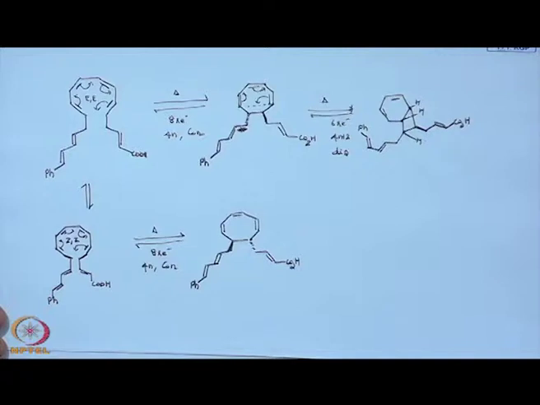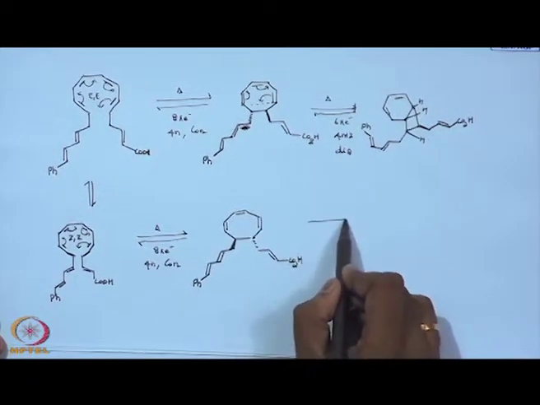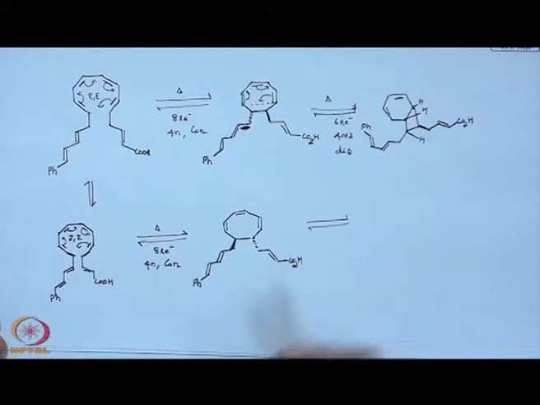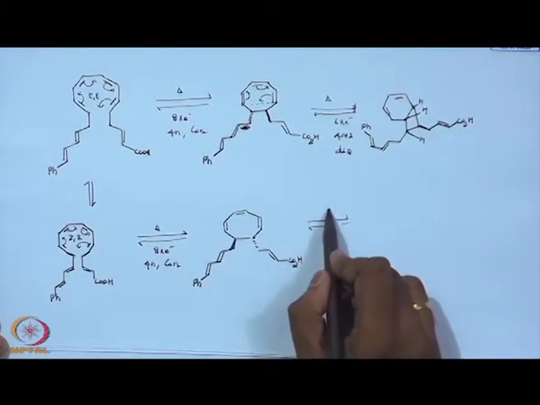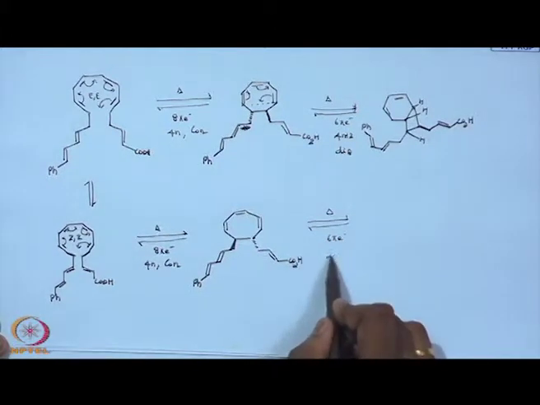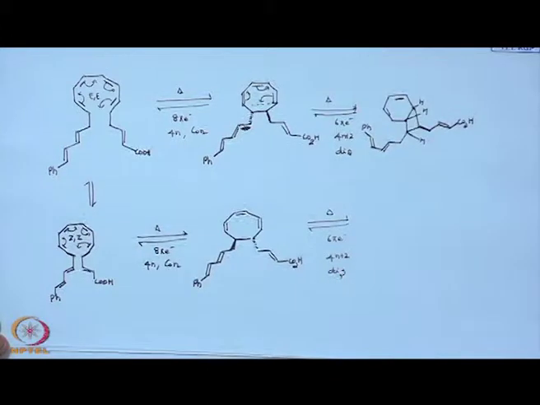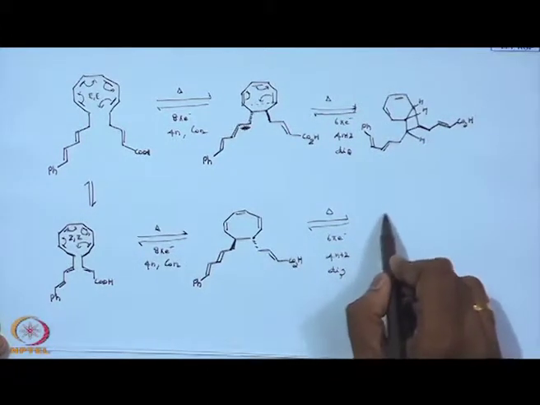So you get this one. Now again you can heat this. It can undergo a nice 6 pi electron process. In the same way, 4n plus 2, you can do this. So you write the structure for this.